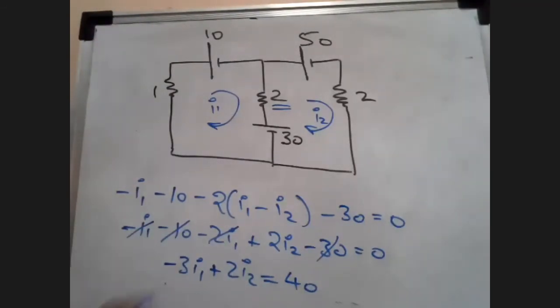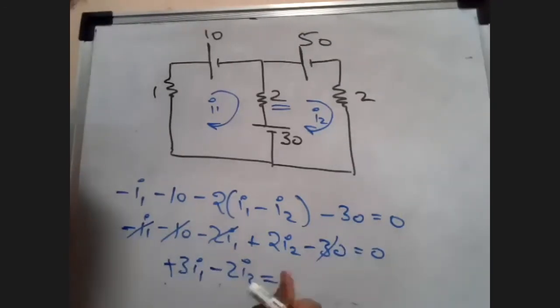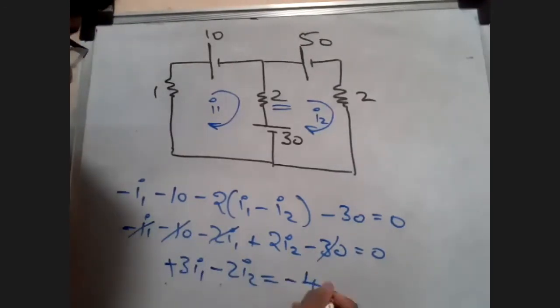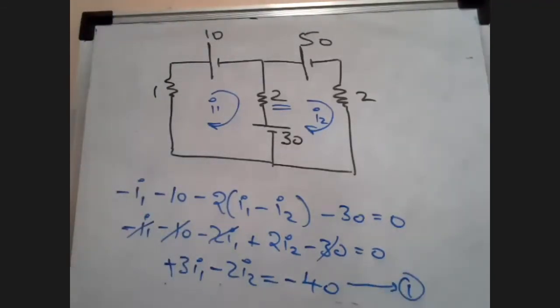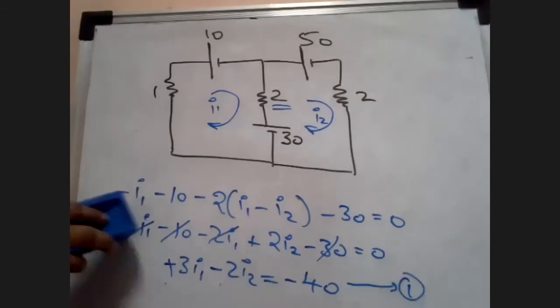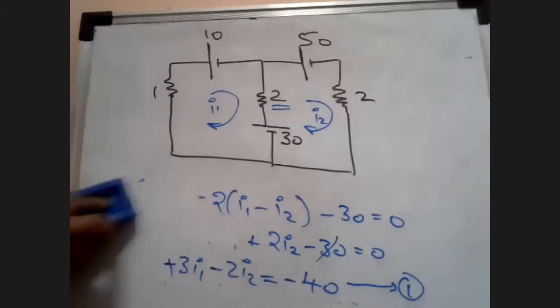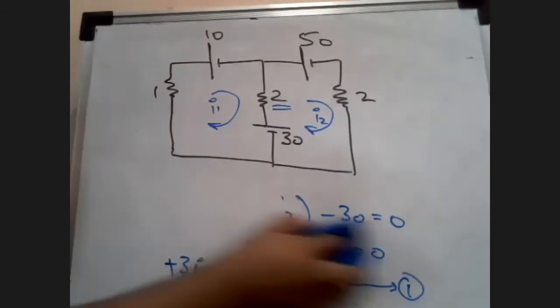If I change the signs, it becomes plus 3 I1 minus 2 I2 equals minus 40. This is our first equation. So if this is our first equation, what is the second loop? What is going to be the second loop equation?